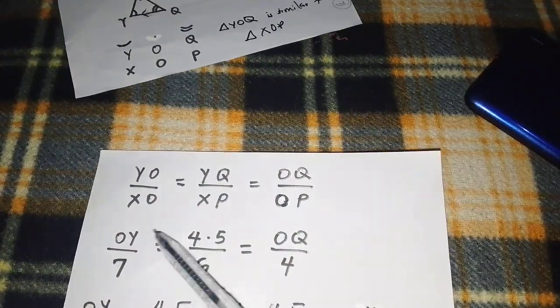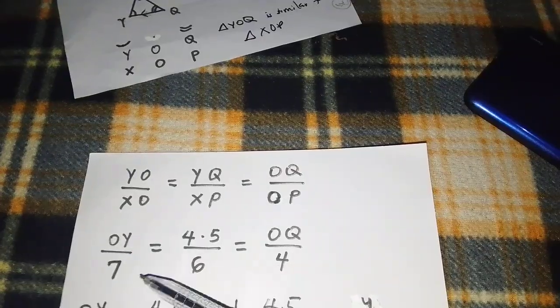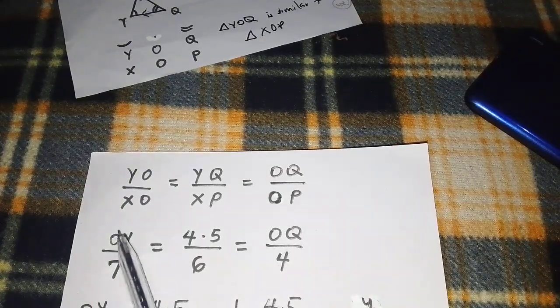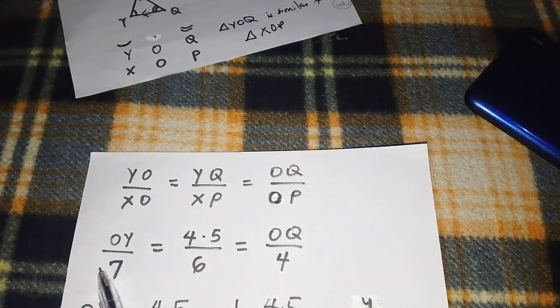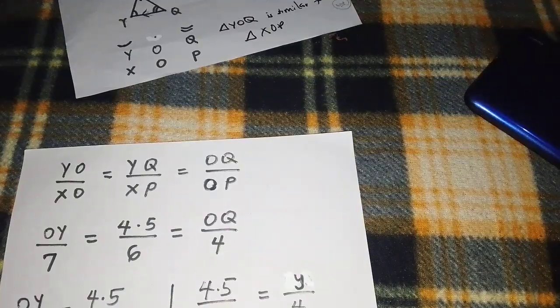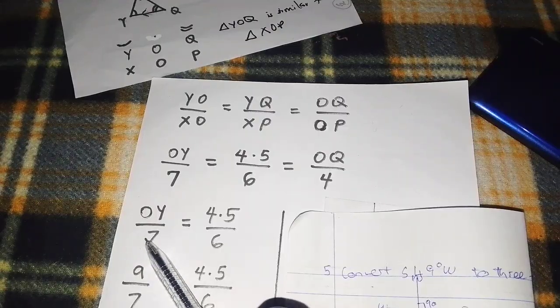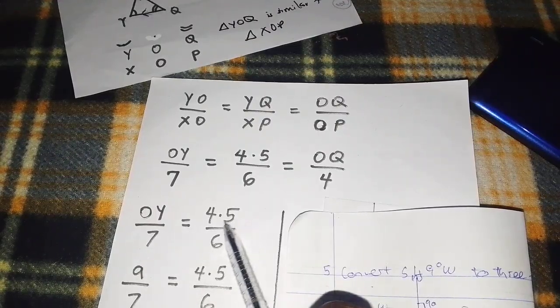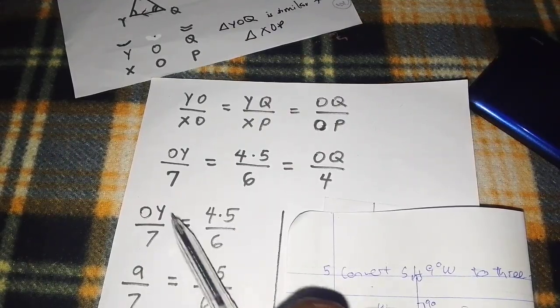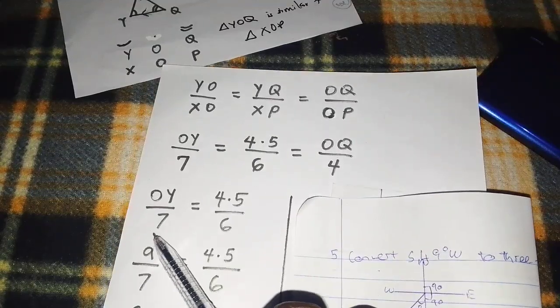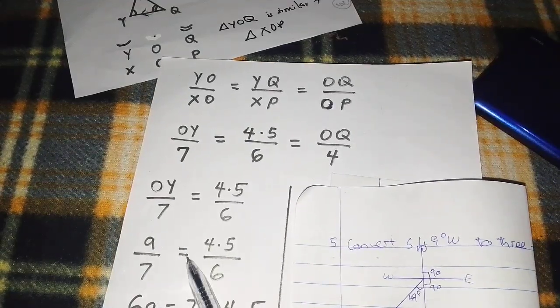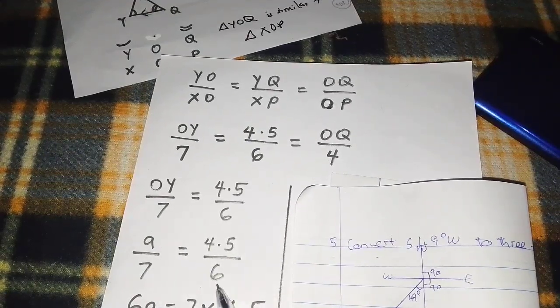To be able to get OY here, we need to pair the one that is complete and the one that we are looking for. So when you pair, you now have OY over 7 is equal to 4.5 over 6. If I use A to represent my OY, then A over 7 is equal to 4.5 over 6.